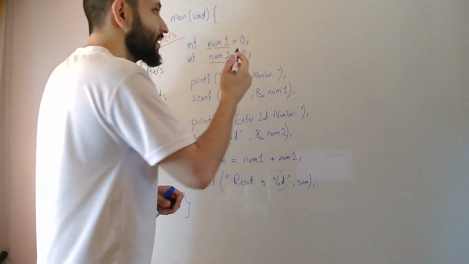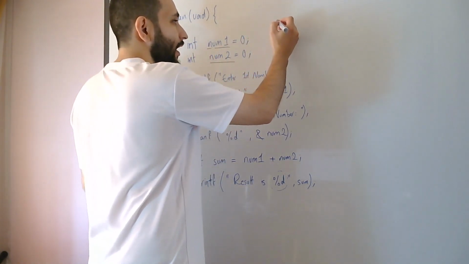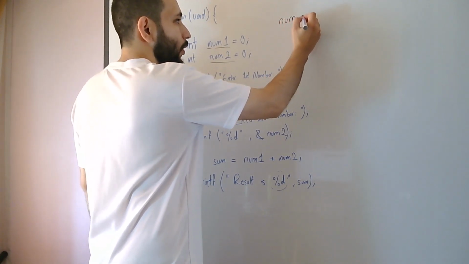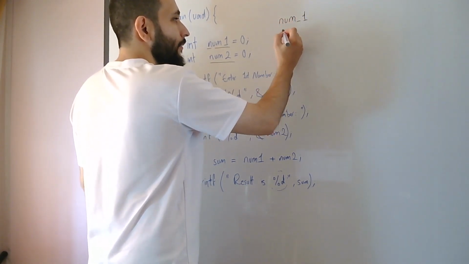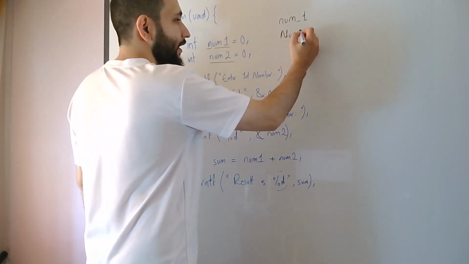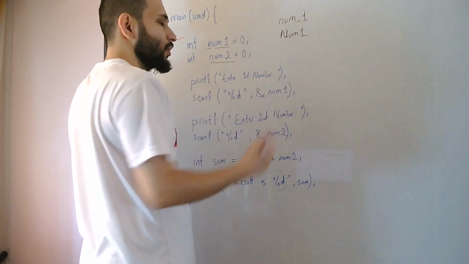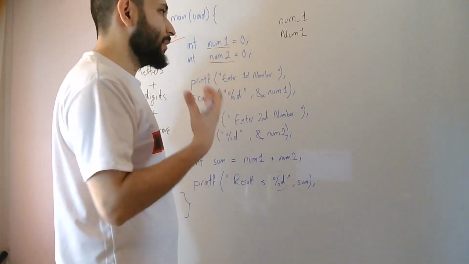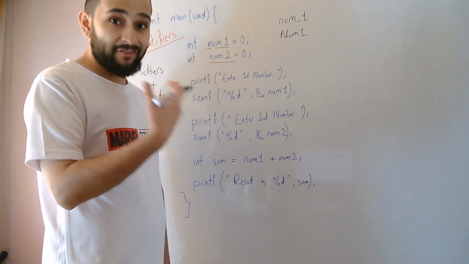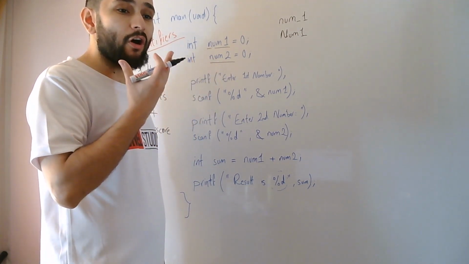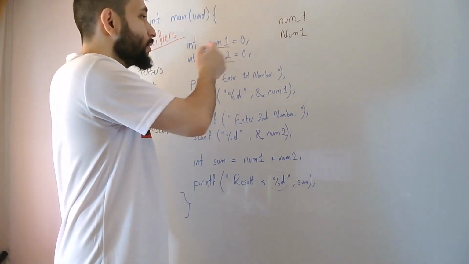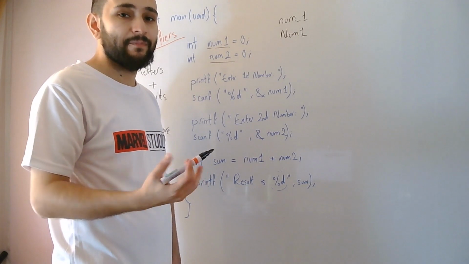Basically, for this num1, I can create another variable name such as num with underscore and then 1, or num with an uppercase N and then 1, and as such we can create different types of names. You have to remember that whenever you want to name a variable or a function, the name should also indicate some meaning. For example, here we have used num, that means it's a number.